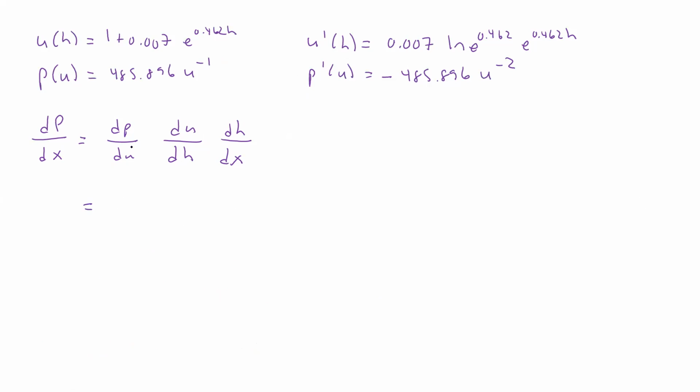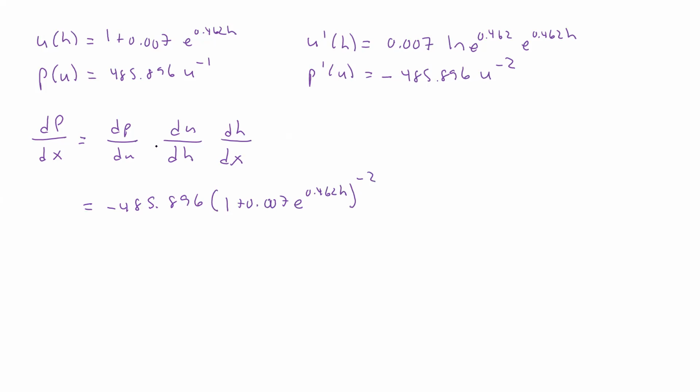So let's write this. dP/du is negative 485.896, and I already see a u here, so I'm going to convert it before we do anything else. That's 1 + 0.007 e^(0.462h), and that whole thing to the negative 2.